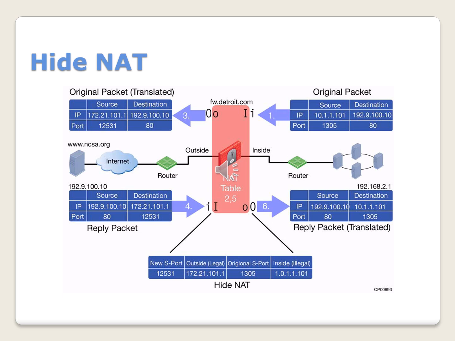Choosing the hide address in hide NAT. The hide address is the address behind which the network address range or node is hidden. It is possible to hide behind either the interface of the gateway or a specified IP address. Choosing a fixed public IP address is a good option if you want to hide the address of the security gateway.